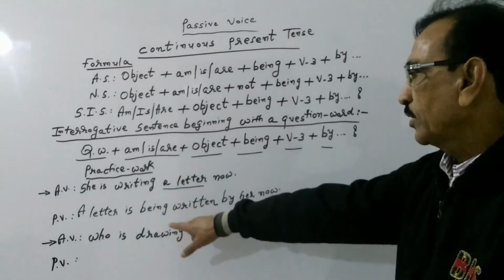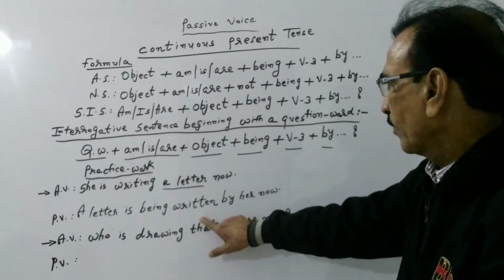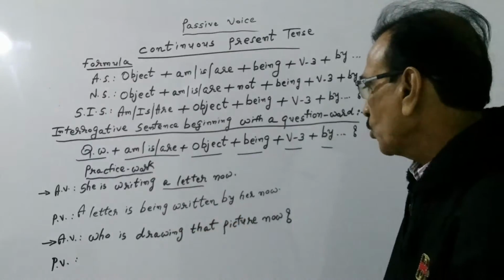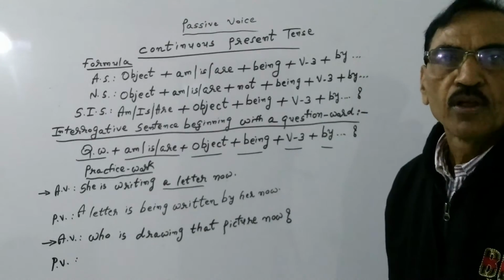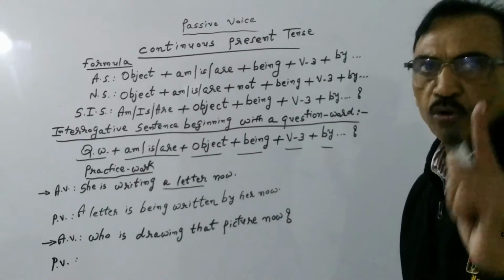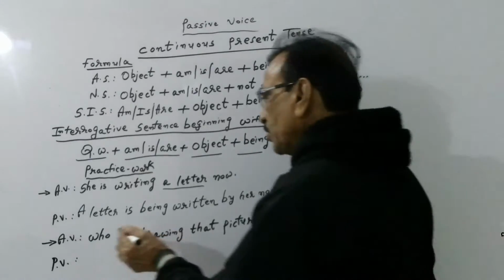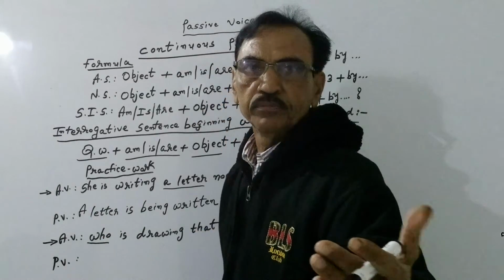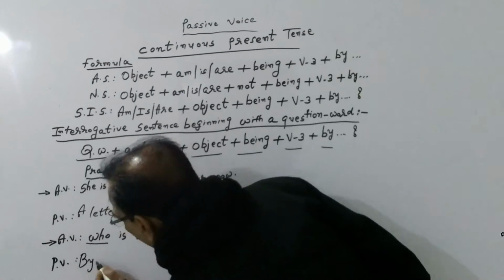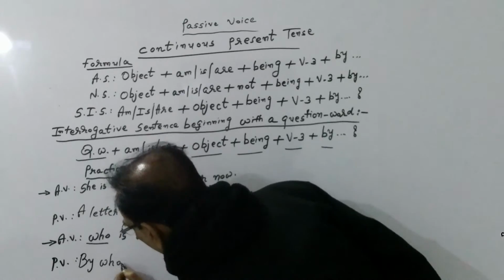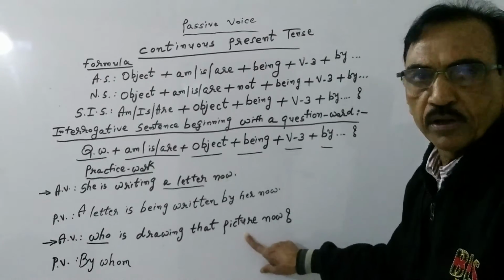Just try to understand this formula. Now the next one is: Who is drawing that picture now? In our last session I had told you that if the sentence begins with who, it is changed into by whom. So I would write the sentence like this: By whom. Here that picture is an object.